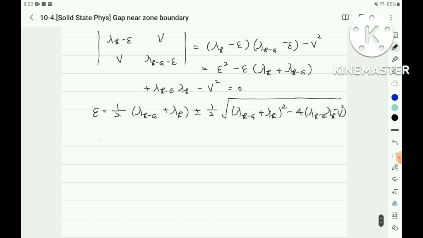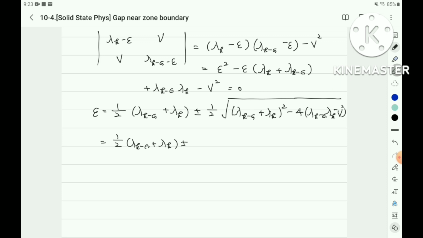Then here, in 1/2 (lambda_{k-g} plus lambda_k) plus or minus, when you consider it, the lambda_{k-g} square and lambda_k square terms are simple, but the multiplication in the two terms gives plus 2 lambda_{k-g} lambda_k, and in this case minus 4 lambda_{k-g} lambda_k. Therefore, the intermixing component is minus 2 lambda_{k-g} lambda_k.